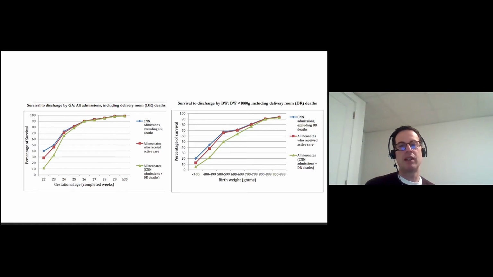As a plug, not for my work, but for the work being done in Sweden, there is some great research out of Uppsala that's come out in the last year looking at the difference in outcomes with active care, in which you believe that you can resuscitate all 22 weekers, and those in which you're more selective. What that's demonstrated is, if you have a universal approach to resuscitating 22 weeks and your team believes that you can resuscitate and be successful, your outcomes are better.